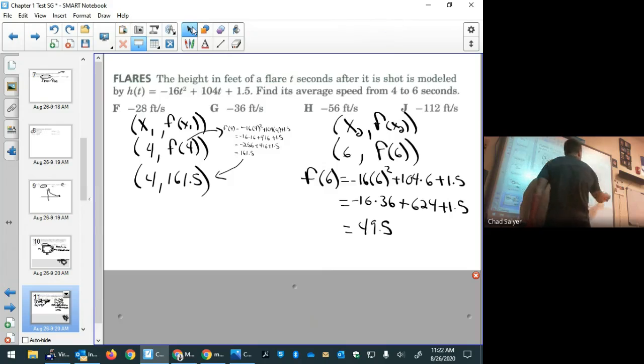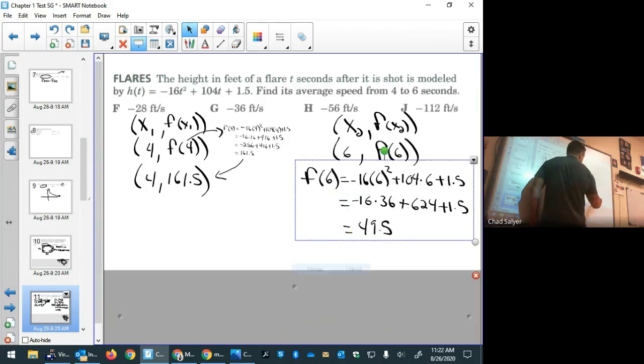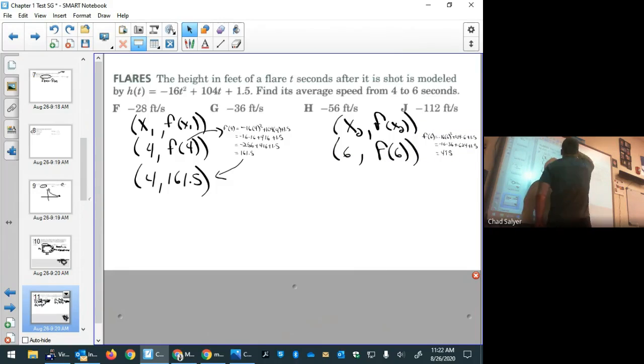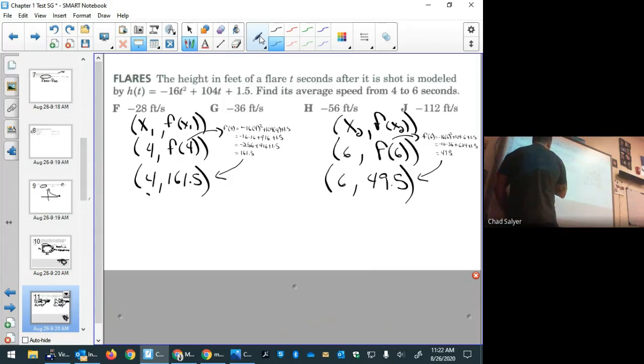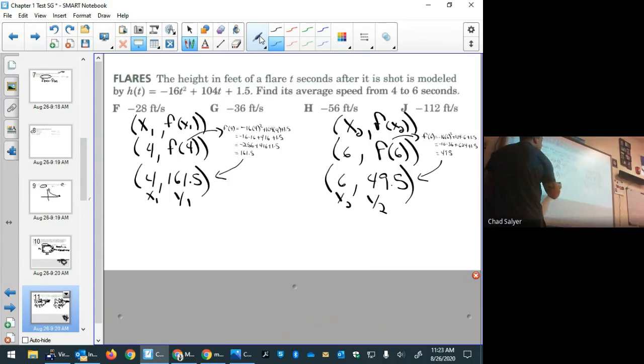So once again, let me shrink this down. So I know the point is 6, 49.5. Now this is my x1, y1. This is my x2, y2. And our last task here is to find the slope.